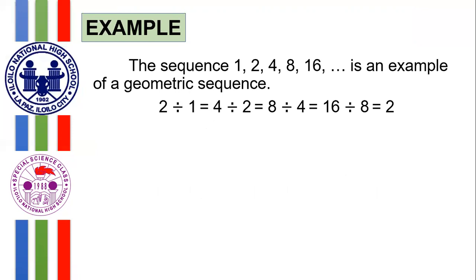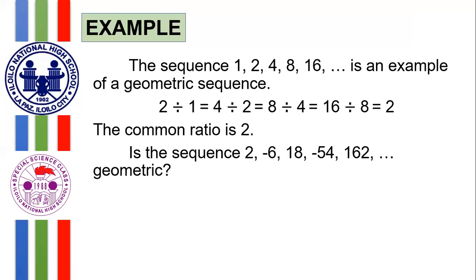Because if you divide the second by the first, 2 divided by 1, that's 2. 4 divided by 2, it's 2. 8 divided by 4, it's 2. 16 divided by 8, it's also 2. And since all of the ratios are equal to 2, hence you have a common ratio which is 2, and hence this is a geometric sequence indeed. Take note, if you have a common ratio, then it is a geometric sequence. But if not, then it is not a geometric sequence.